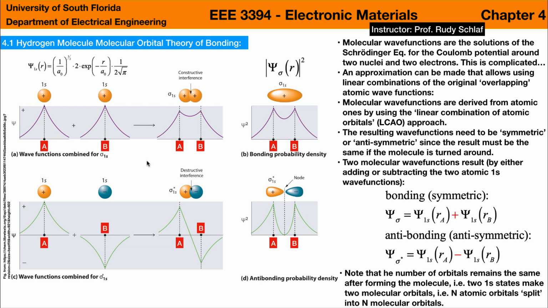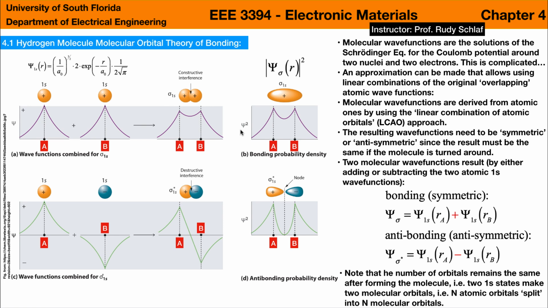And so a common way to get a first idea of how the molecular orbitals might look is to use the atomic orbitals and make linear combinations out of them. This is called linear combination of atomic orbitals, in short LCAO.